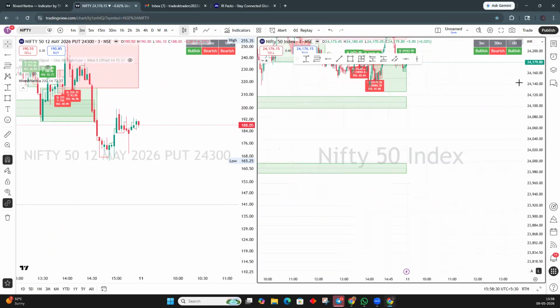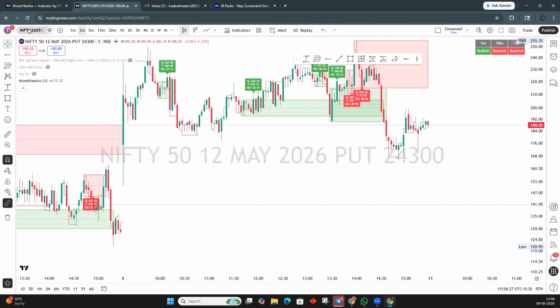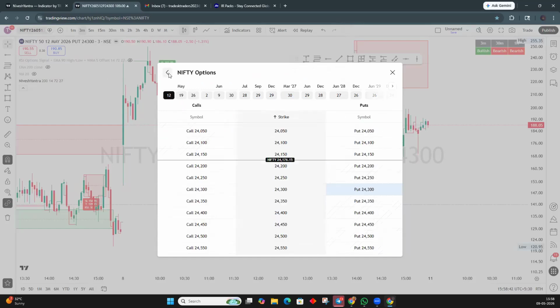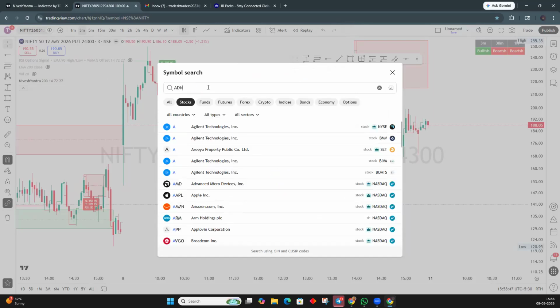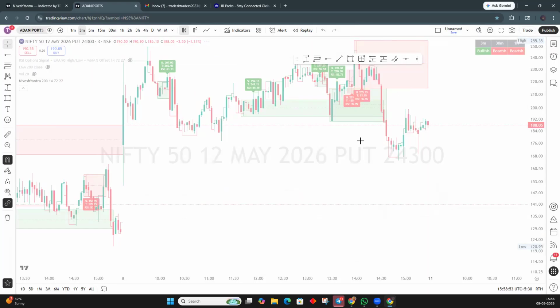So those who want access to this indicator, even the Adani Ports trade which I have shown in the last video also, I got on this indicator, and we have taken the entry the same in the live also. Let me show you.